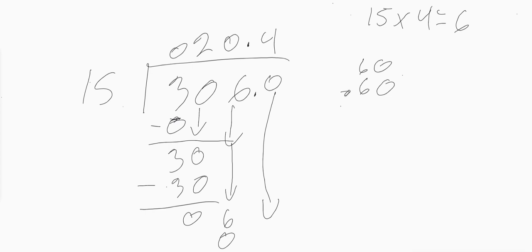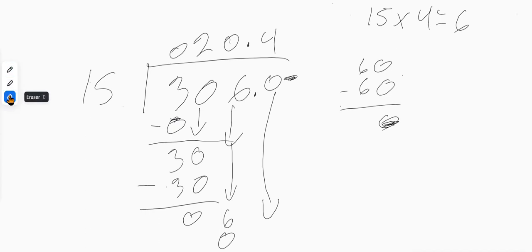And because 60 minus 60 is 0, your problem is done. The reason is that there's nothing here and there's nothing here. So your exact answer is 20.4.